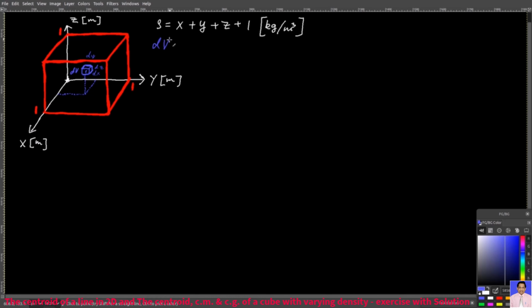And so your differential volume is dx times dy times dz. That differential element is located at some x, y, and z meters. And now, the task is to find the centroid, center of mass, and center of gravity inside this cube.